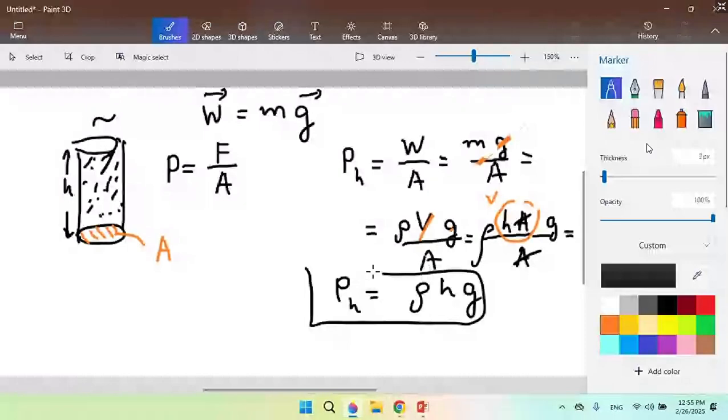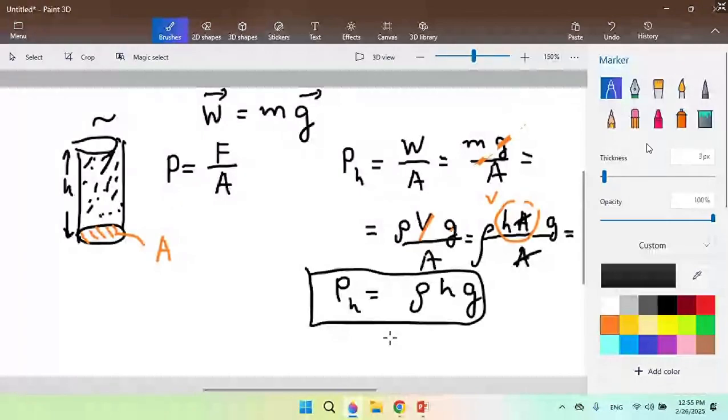can be calculated via this product in which we have density of the liquid, height or depth, thickness of the liquid layer, or the height of the liquid column, and the acceleration of gravity.